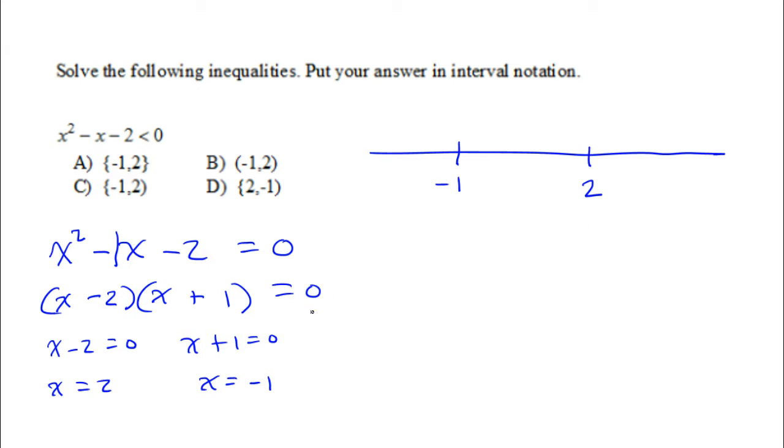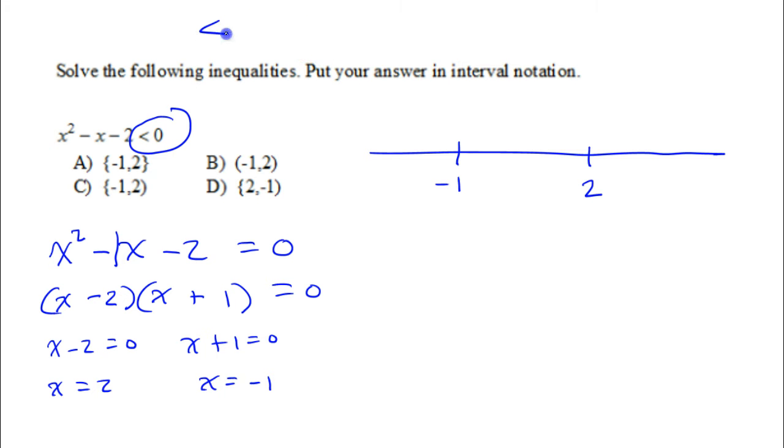Now I'm going to pick some test values to check each one of these intervals, and I'm looking to see if the function is less than 0 at those test values. First of all, sometimes at these border points I will put a closed circle, sometimes it's an open circle.